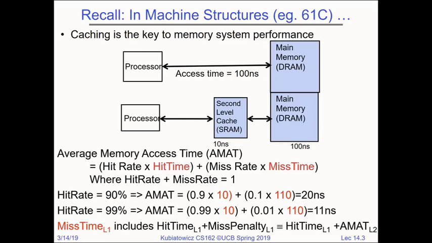The downside of that, though, is that if you've issued something to main memory and you don't need it, then you're actually wasting bandwidth at the next level. So that has some consequences. It's not always a good thing. All right? Good question, though. Okay. Are we good?